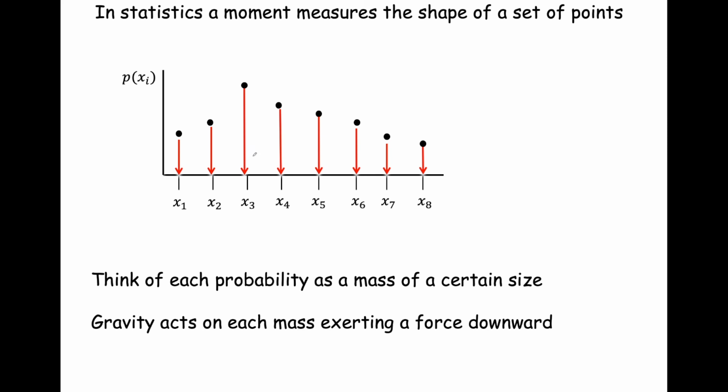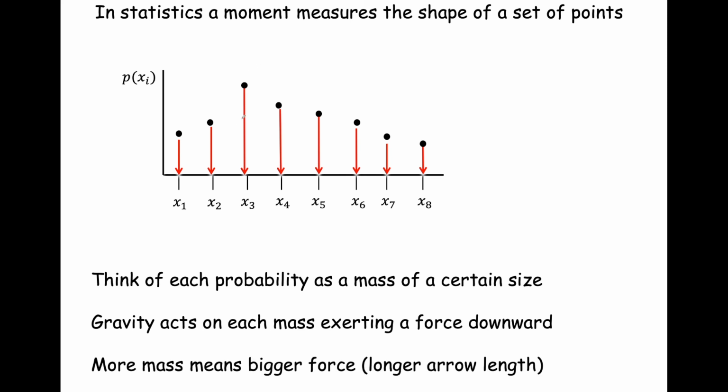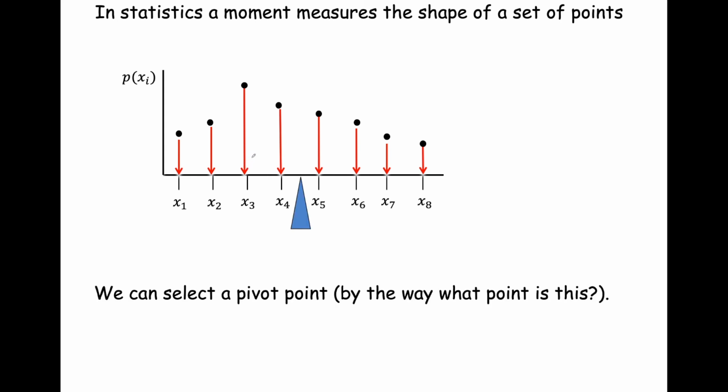The bigger the mass, the bigger the weight. And gravity acts on each of these probabilities, so-called mass points, with a force that exerts downward. And so you can imagine if you have a larger mass, like x3's probability mass, there's going to be a longer arrow connoting the fact that it's a larger force.